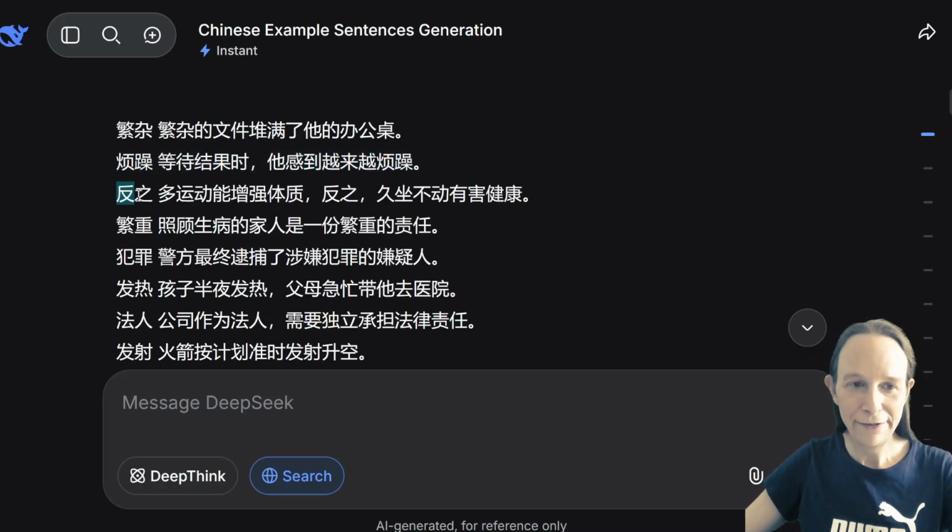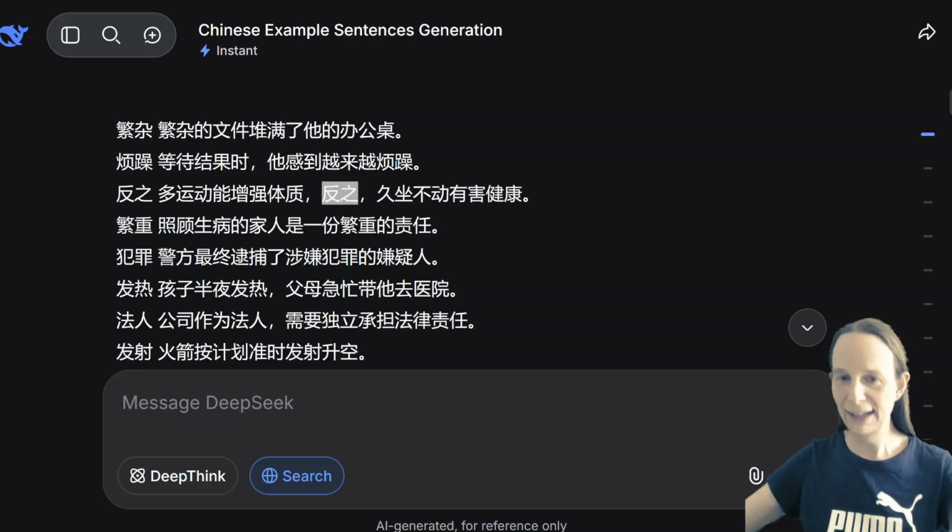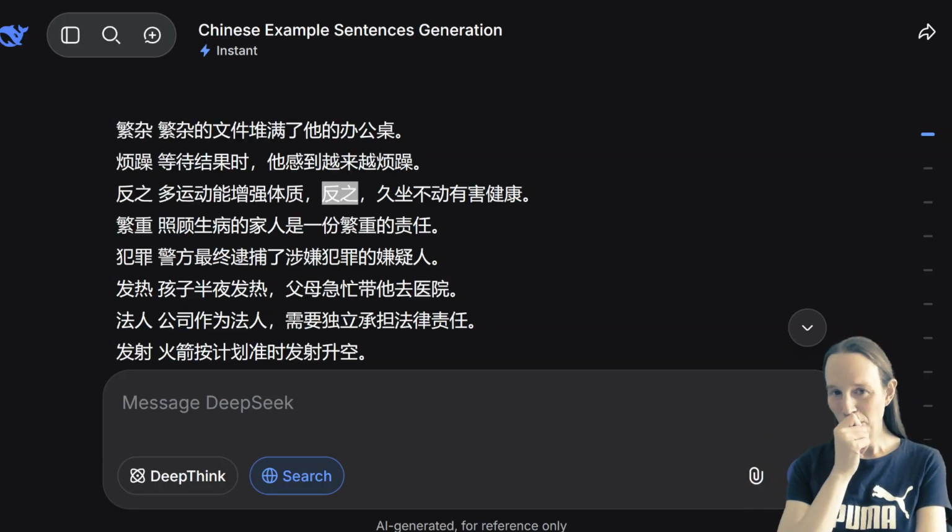反击. This is on the contrary. 多运动能增长体质。反击。久坐不动有害健康. It's not on the contrary, it's the contrapositive.